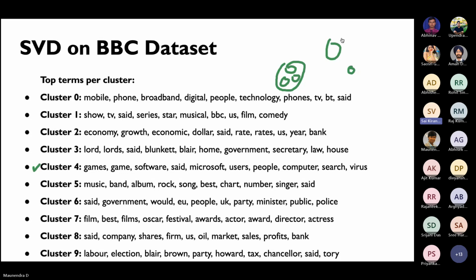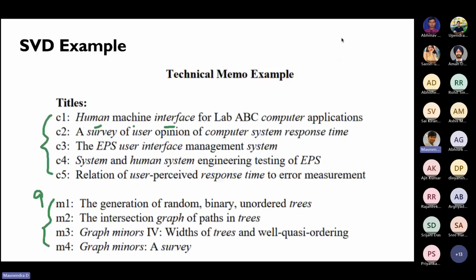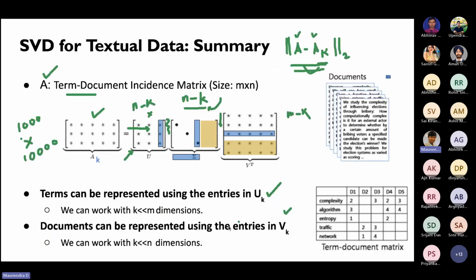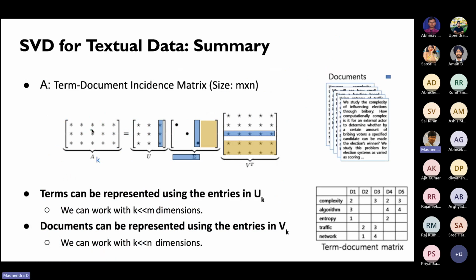Sir, if you don't mind, can you explain again how we came to the clusters from SVD? Which particular matrix are we focusing on to do the clusters? So if you look at this, this is the original term-document matrix, and after doing truncated SVD, we take the k-dimensional representation for each term, and these terms we are trying to cluster.